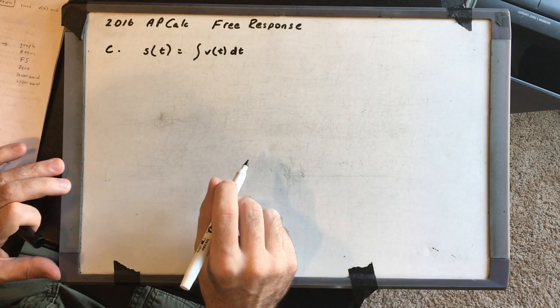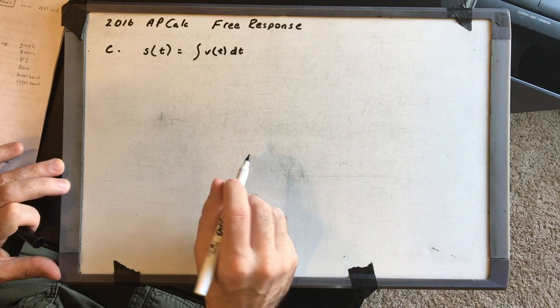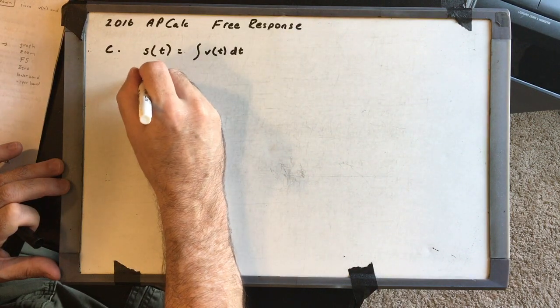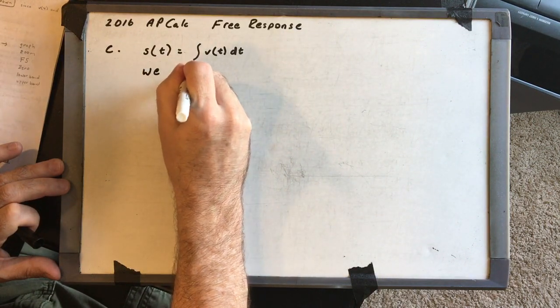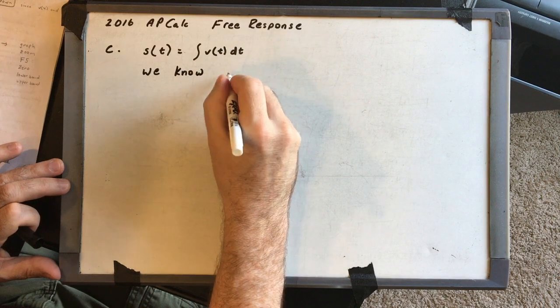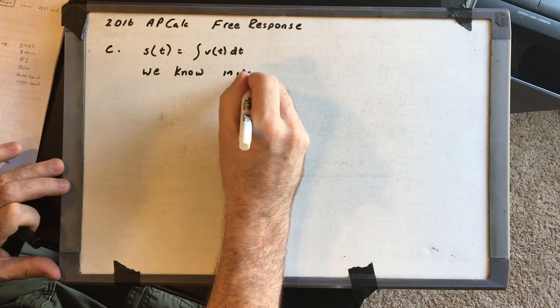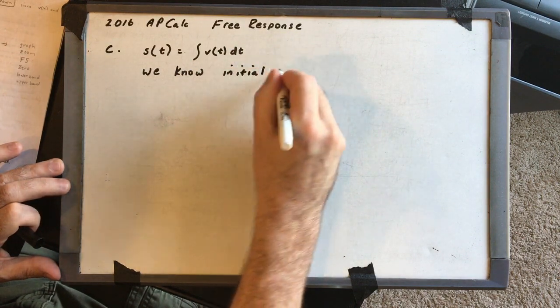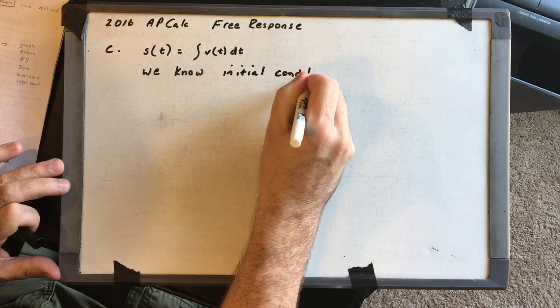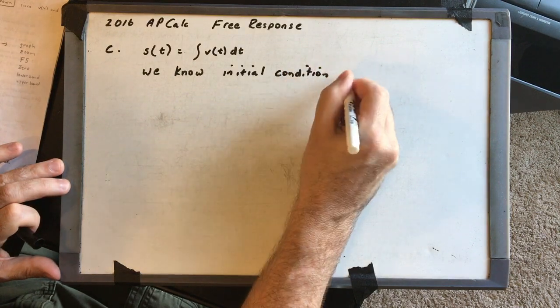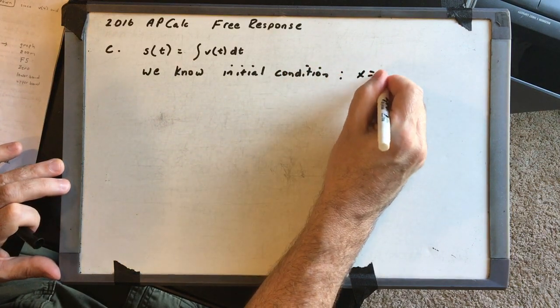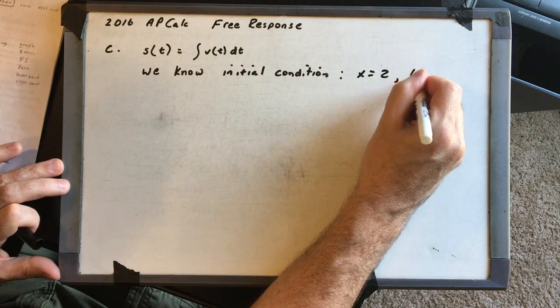Okay, so we know that the initial position, or the initial condition, x is equal to 2 when t is equal to 4.